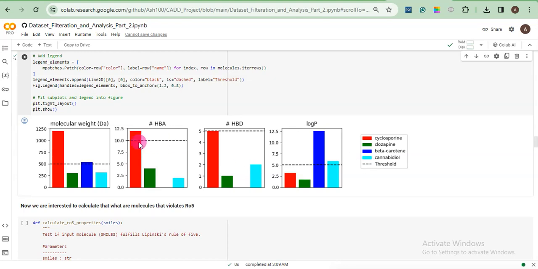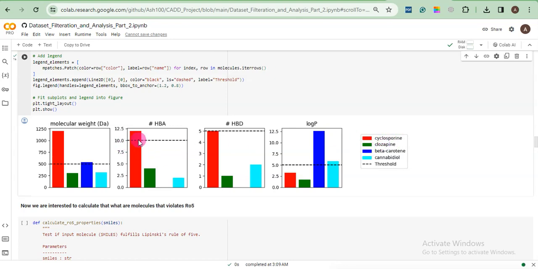So 4 figures, meaning 4 properties: molecular weight in Dalton, HBA and HBD, and log P. The colors mark their specific molecules. Now these border lines are actually the threshold lines, like hydrogen bond acceptors were 10 or not more than 10.